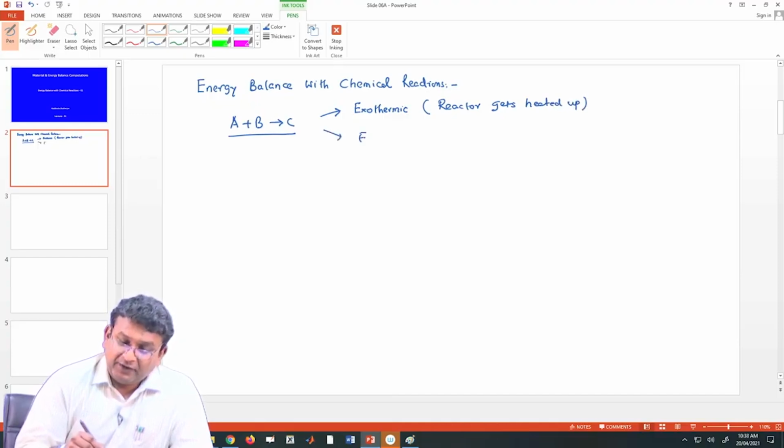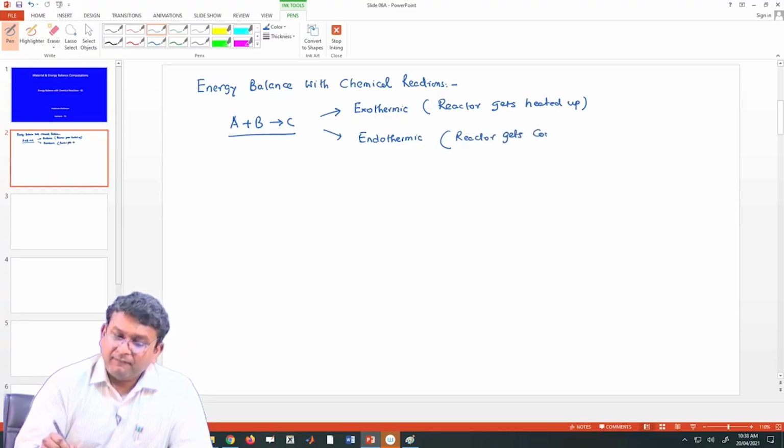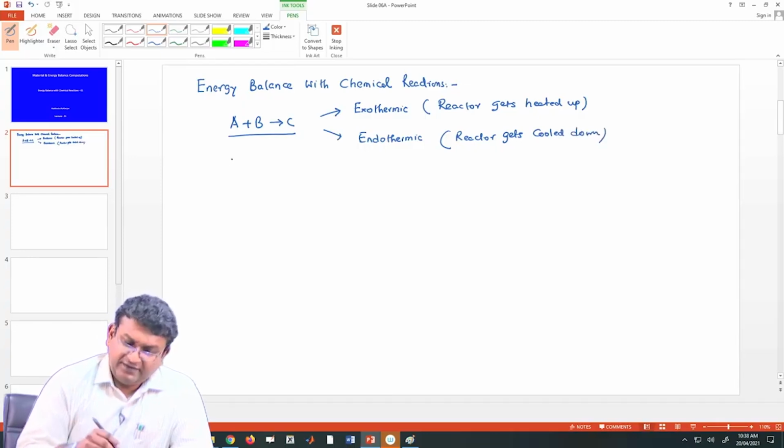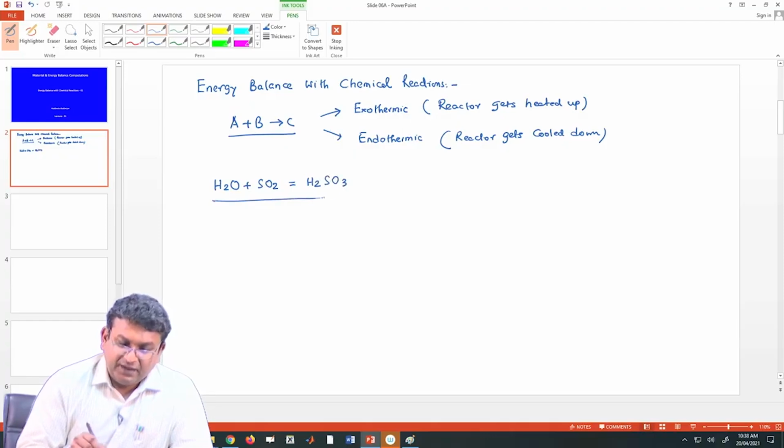The other is endothermic, where the reactor gets cooled down. One can also write an actual chemical reaction, let us say H2O plus SO2 leads to H2SO3 or something like this.